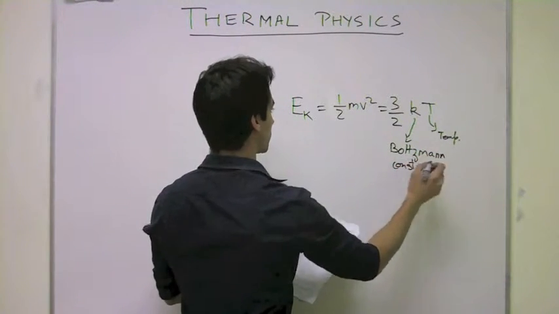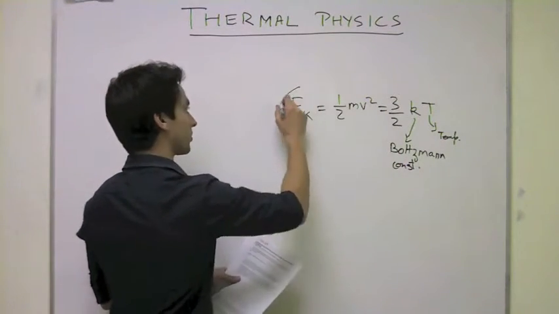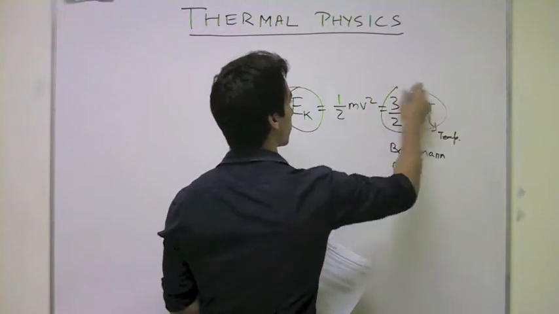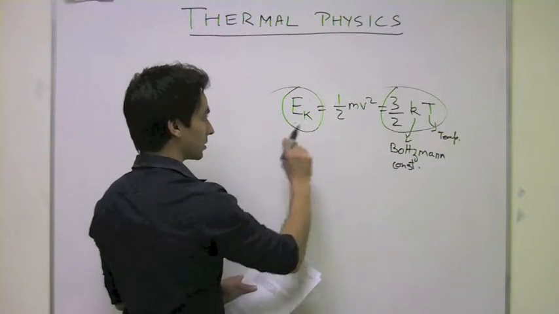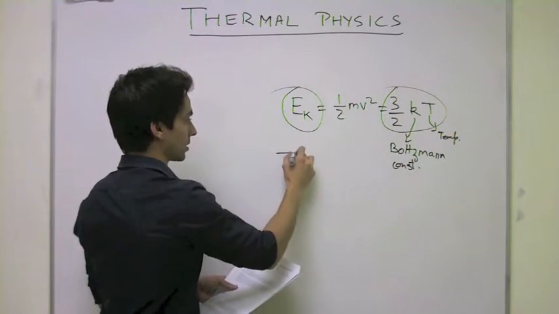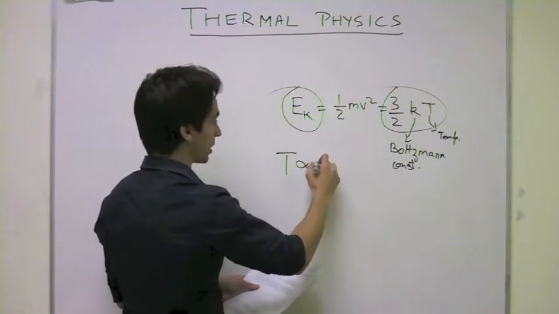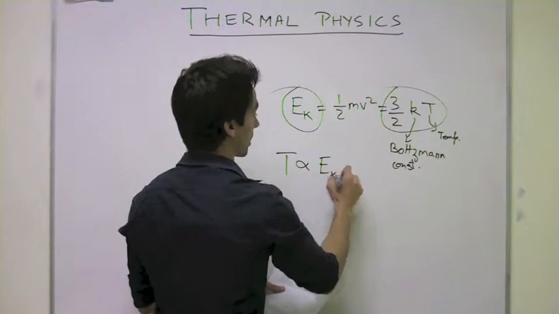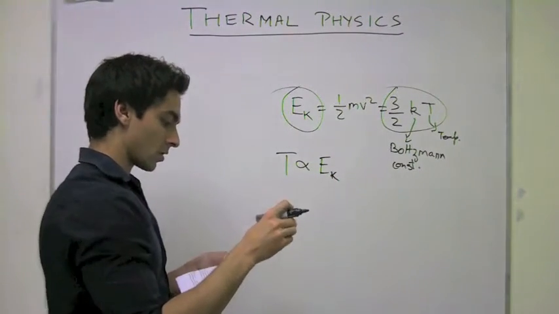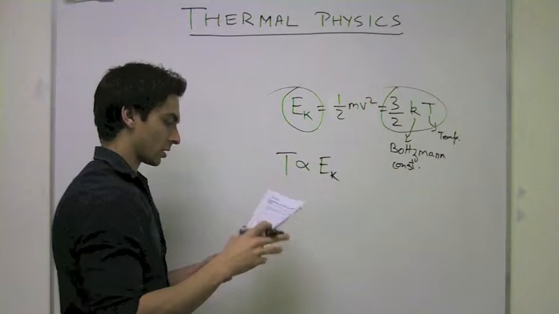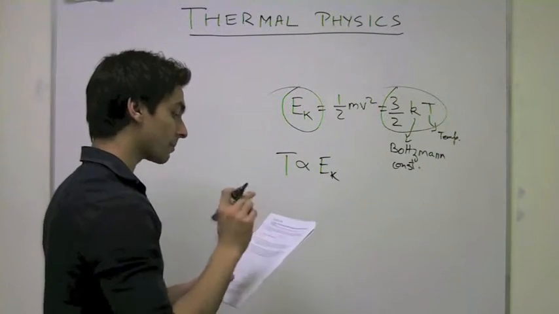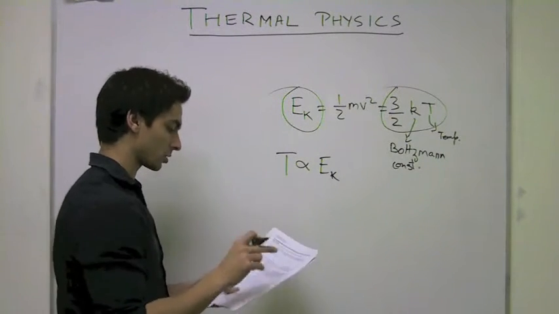So if the student is more of the inquisitive type, you can go and get a derivation of this. But the key takeaway is that the temperature is directly related to the average random kinetic energy of the particles. Now the next portion shows you the Maxwell-Boltzmann speed distribution curves.